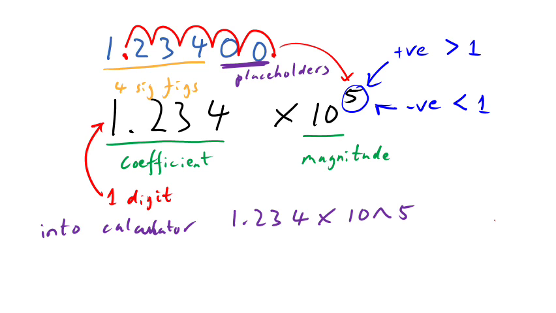So out of the calculator, we might end up with something like 1.234 E10 plus 5, and that plus is just telling us positive. So that's how we look at scientific notation and how to put it in and out of the calculator.